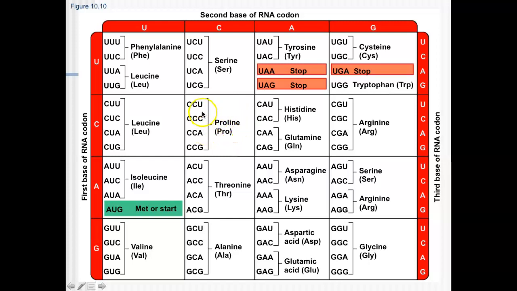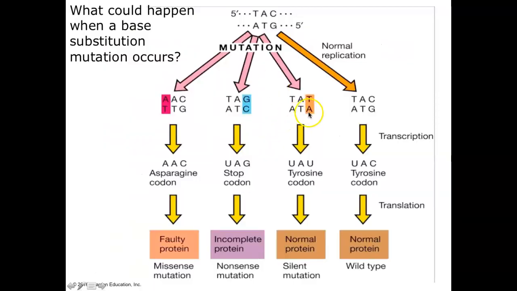Proline, if you look at proline, as long as you have two C's in a row, the last letter can be anything, and you still code for proline. Okay? So the fact that this letter changed and you still have the same amino acid did not change the protein at all, and so that's called a silent mutation. The mutation happened, but it's completely silent.